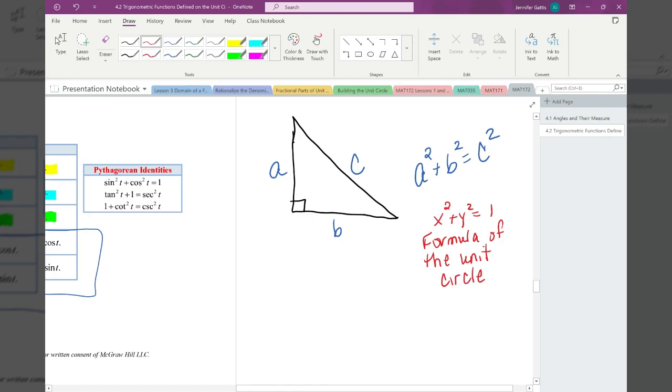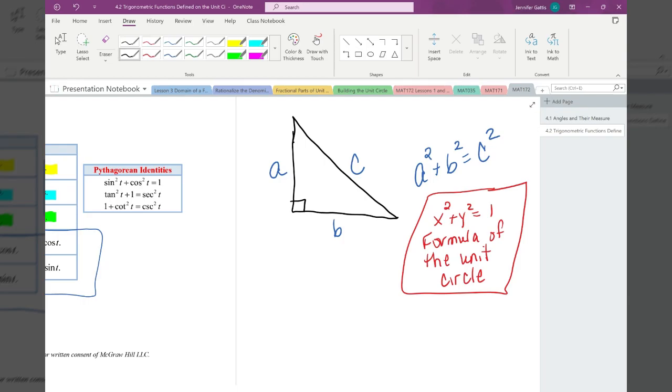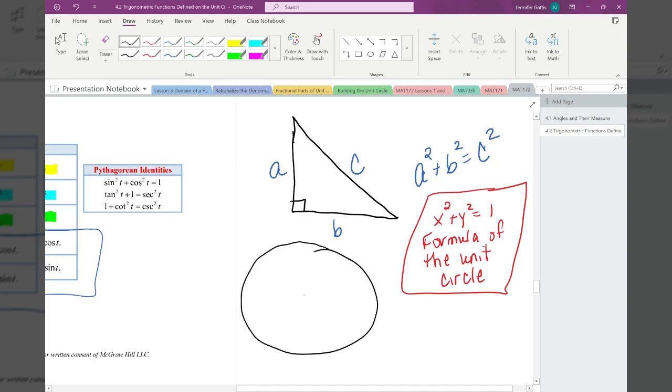So when we have our unit circle, the equation of this circle centered at the origin is x squared plus y squared equals 1 because we have a radius of 1.